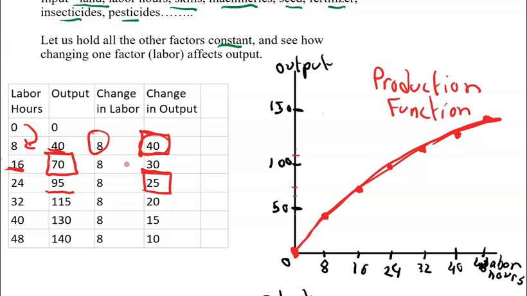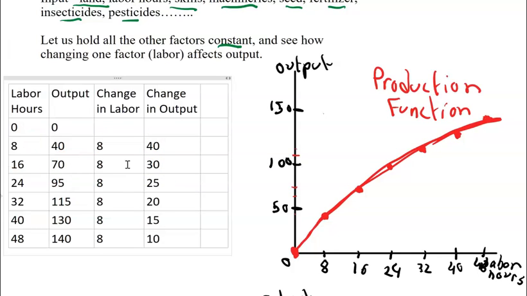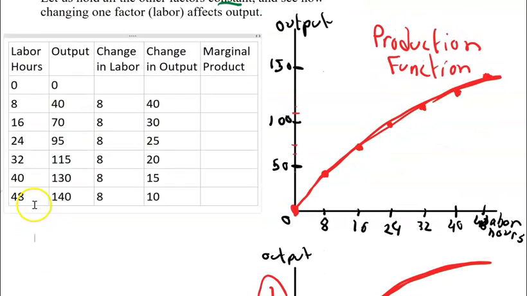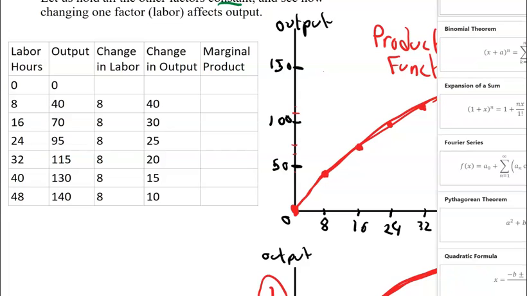So in our case, we are adding each hour of employment, and each hour is having a different increase in output. So we're going to write here marginal product, which is basically my change in output over change in labor, or change in input. But in our case, we're looking at labor. So let me just write the equation down here.